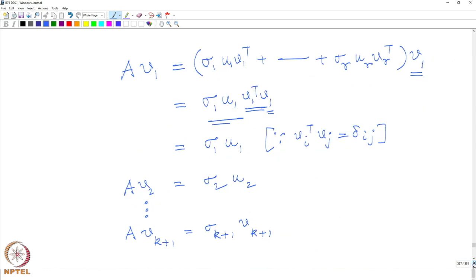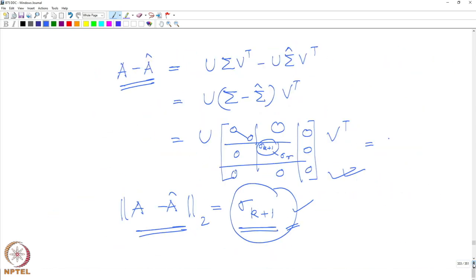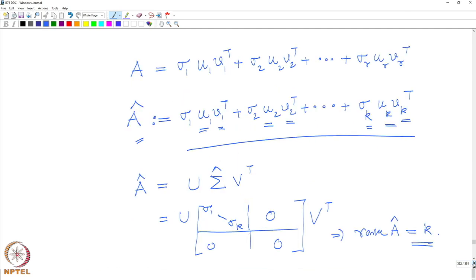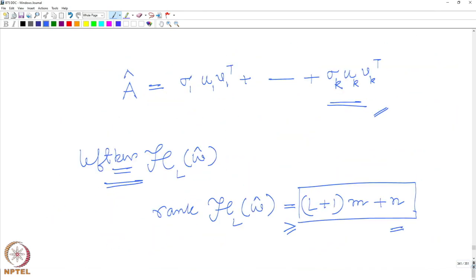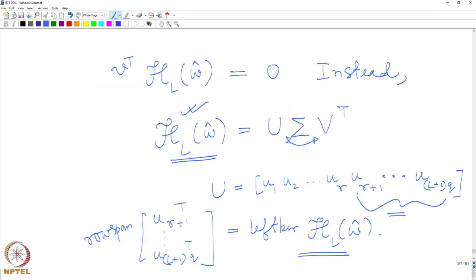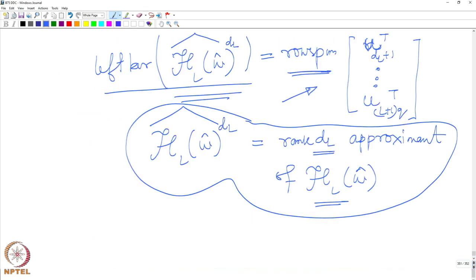A hat. This is the low rank approximation from SVD. Following this idea, it follows that what I just wrote, that this row span is the left kernel of this approximate, and that is why it is the approximate left kernel.